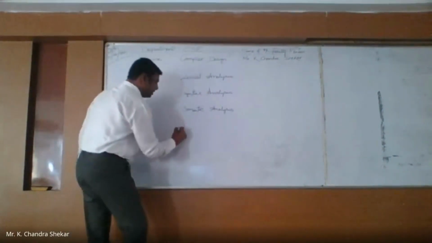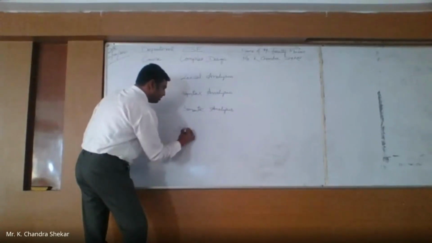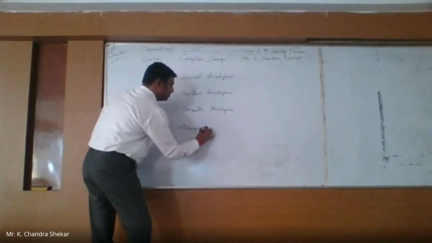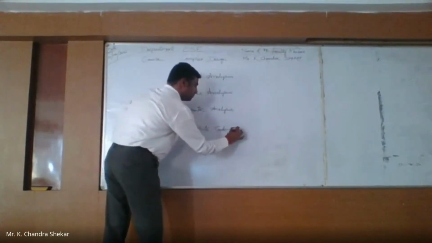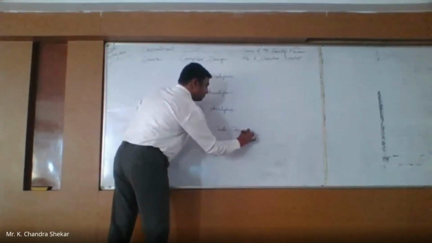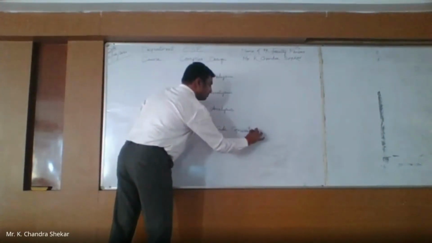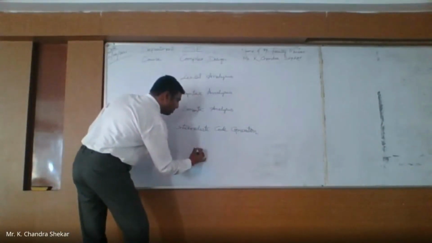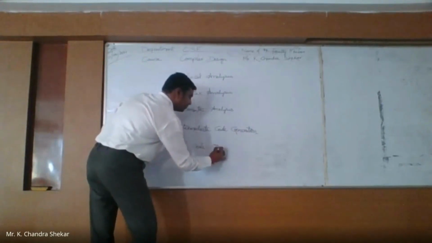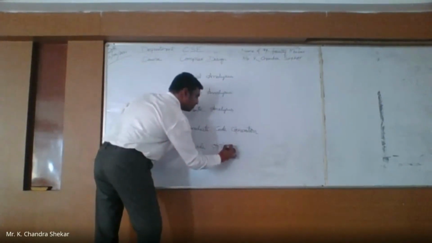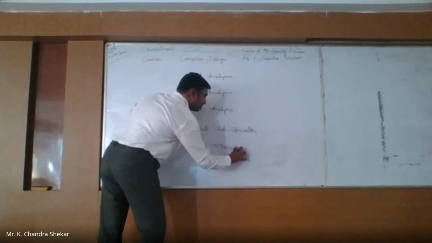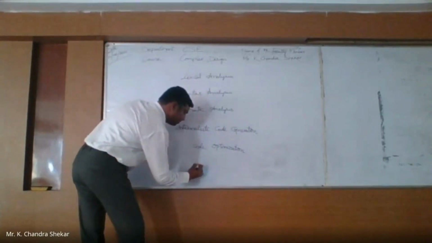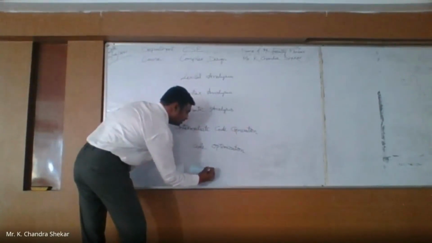The fourth phase of compiler is intermediate code generation. The fifth phase is code optimization. And the sixth phase is target code generation, or simply I can call it code generation.